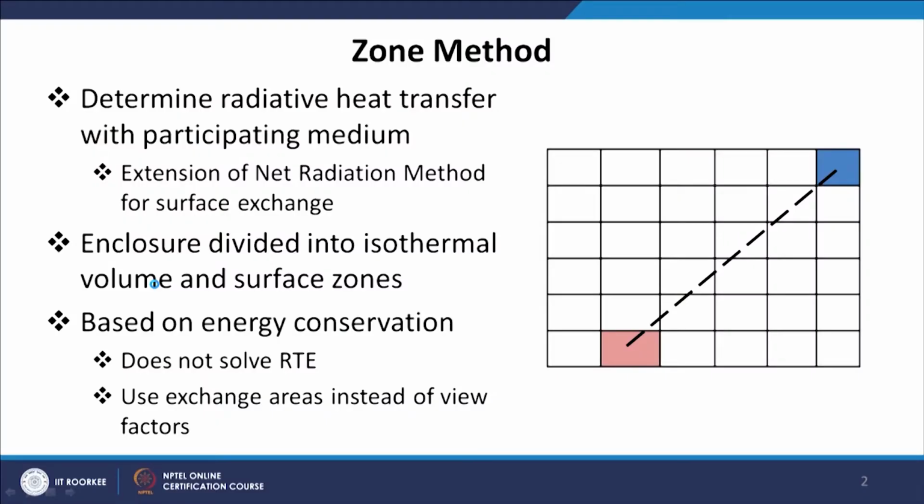So, let us say we have a medium which is discretized, which is what we typically do in engineering problems. We divide the domain into small cells, which is called meshing.